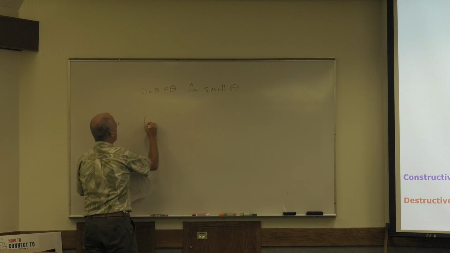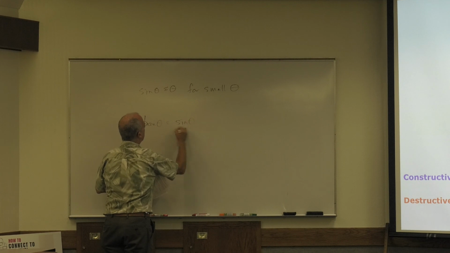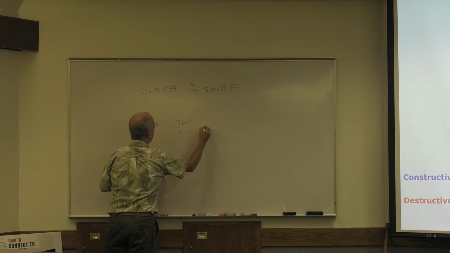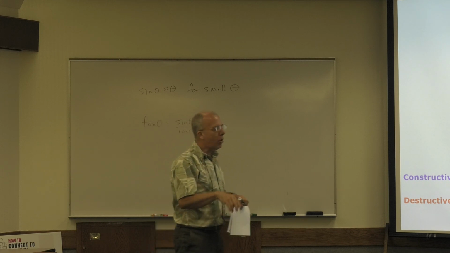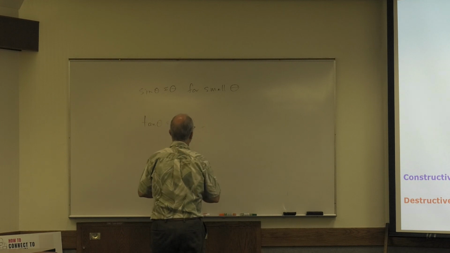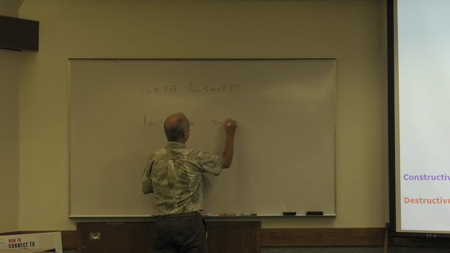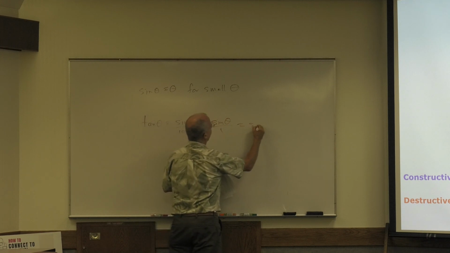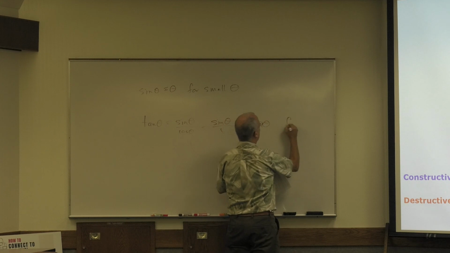What's the definition of tangent? Tangent theta equals sine theta over cos theta. Now, what's cosine of 0? 1. What's cosine of a super small angle? 1. So for small angles, this is just sine theta over 1, which is sine theta, right? So this is another small angle approximation.